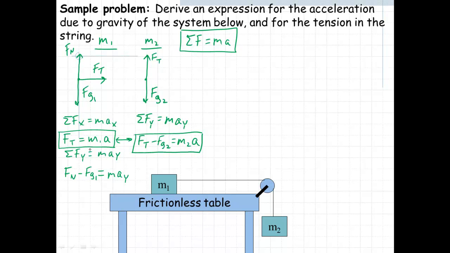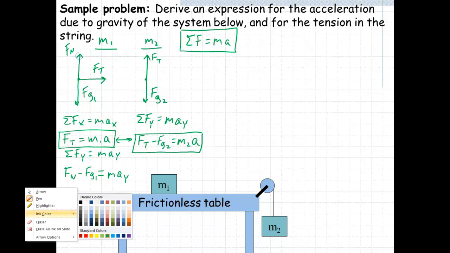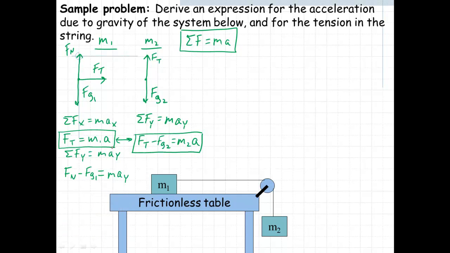So what I will now do is take this force of tension, the M1A, and substitute it into F sub t. Let's use a different colored pen to show that. I'm going to take this Ft and plug it into there, and rewrite this equation up here.